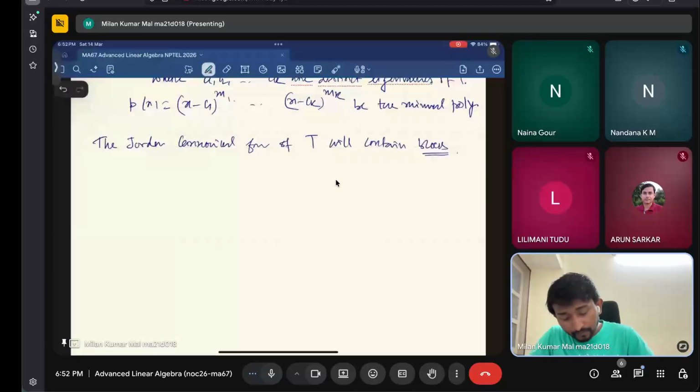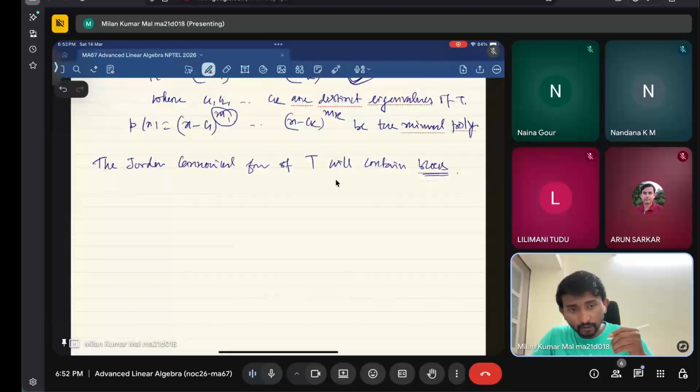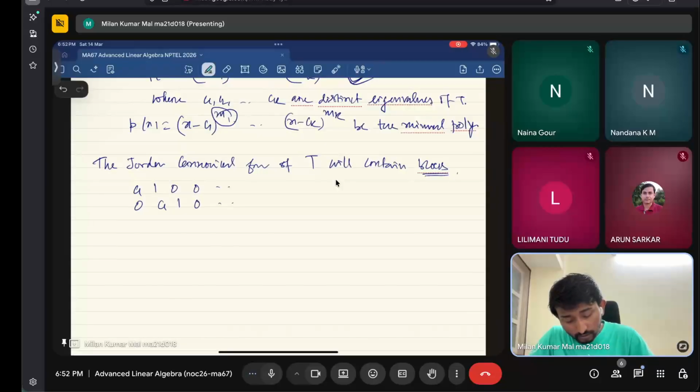If we have m1 in the minimal polynomial, the first block will be: c1 1 0 0 0, then 0 c1 1 0, then 0 0 0 c1 1. Suppose this is the last row, this is the last column, and the last row is 0 c1.